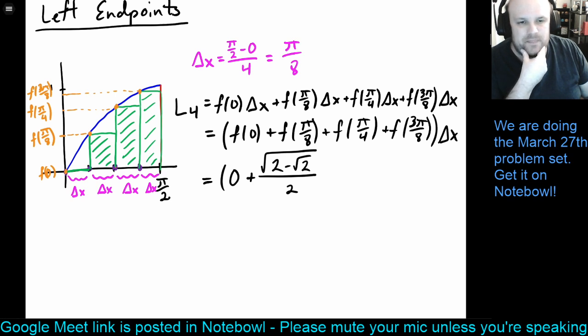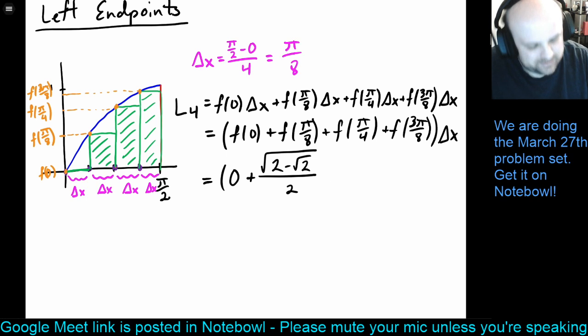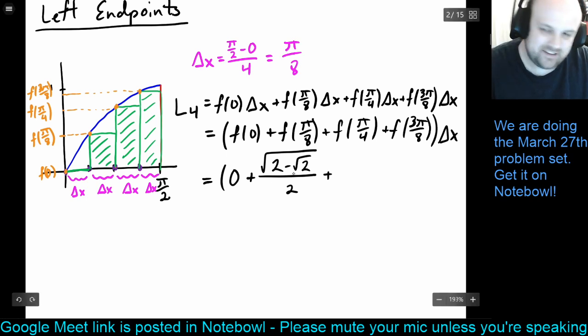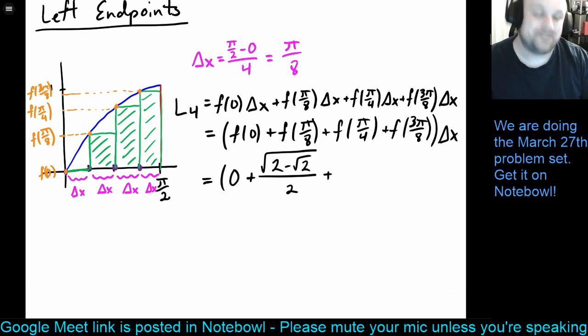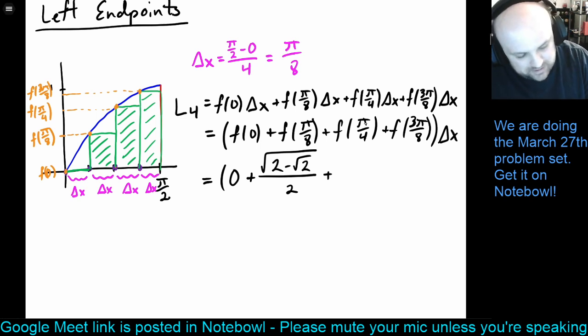But doing estimates like this would be fine, to change this to a decimal. You wouldn't have to worry about that. I do like having exact answers as much as possible, but this one's a bit of a weird looking one.